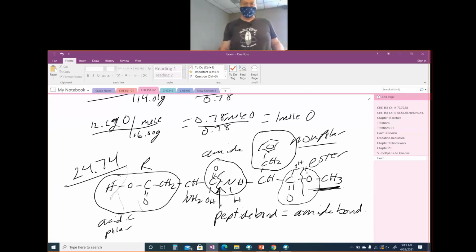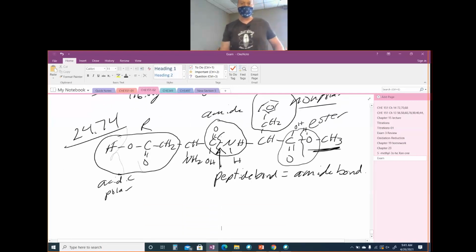All right, so your structure, the R group here, CH2 with a carboxylic acid, and your R group here is a CH2 with your benzene. All right, so we could put them in the order this way, or we could put them in a different order.